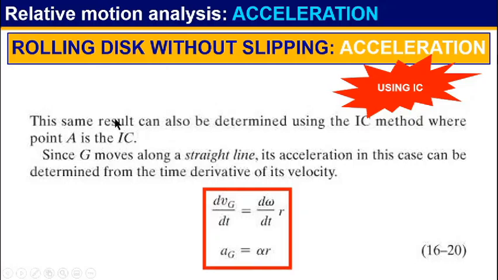The same result can also be determined using the IC method, where point A is the IC. Since G moves along a straight line, its acceleration in this case can be determined from the time derivative of its velocity, and you will get this equation, written as 16.20 in Hibbeler.